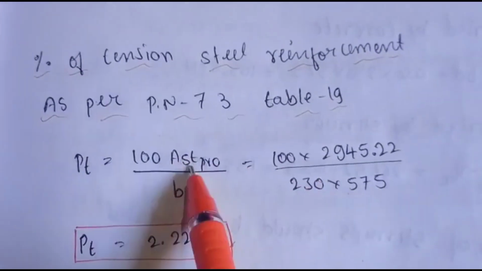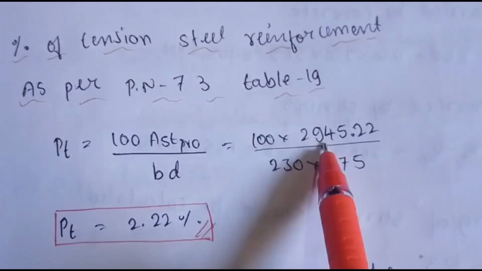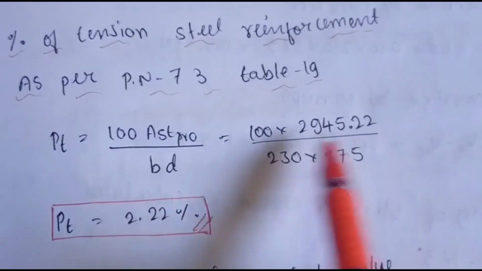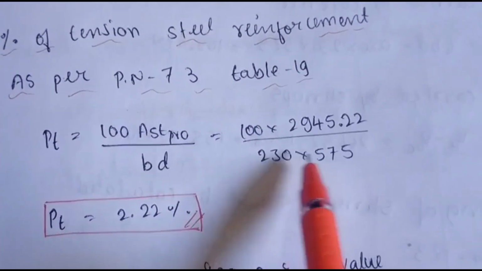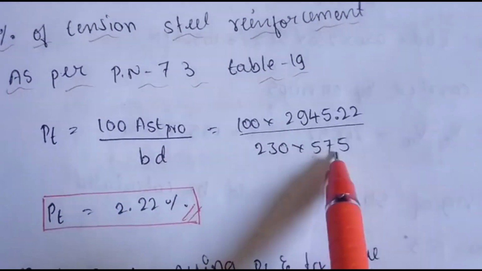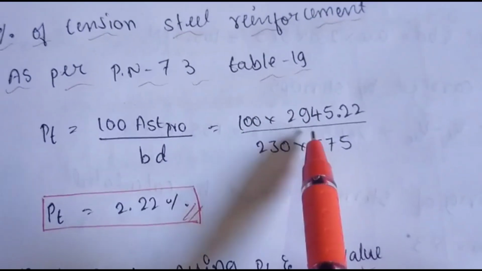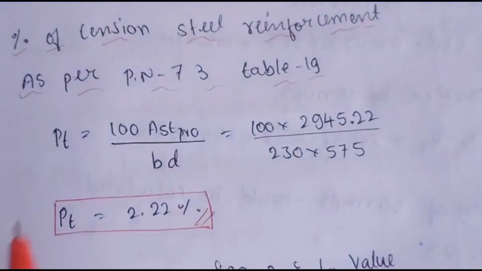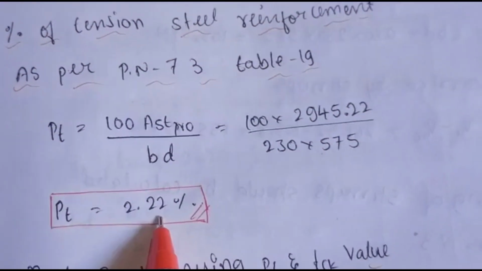So 100 into our AST provided, 2945.22, divided by B is 230 into D is 575. After simplifying, we will get our PT value as 2.22%.